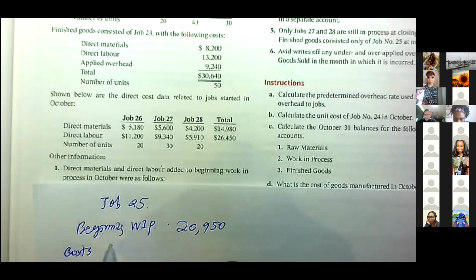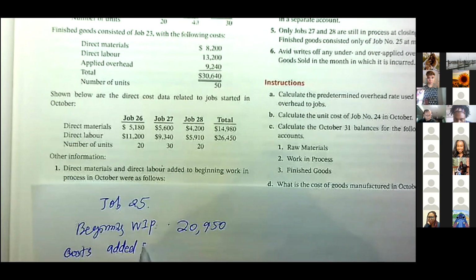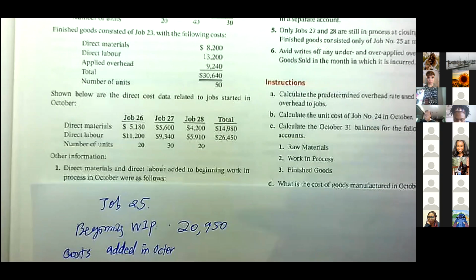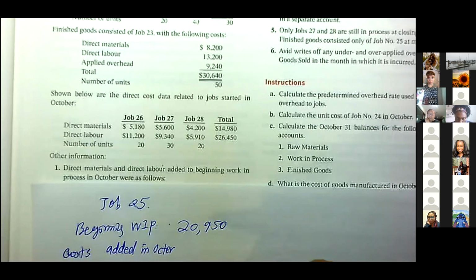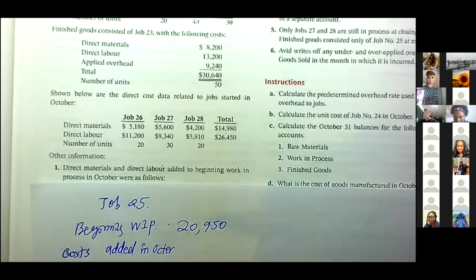Professor, isn't the finished goods 30,640? On October 1st, the company had the following inventory balances. Yeah, the finished good is job 25. If we figure out the total manufacturing cost for job 25, that would be the cost sitting in the finished goods inventory, right?